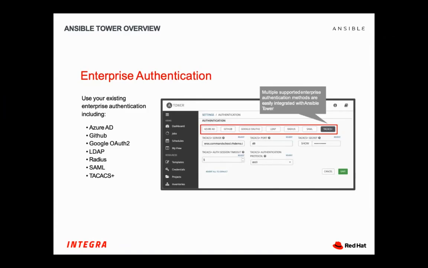This is all happening with the help of enterprise authentication integration, which means you have a set of users in your on-premise Active Directory or in your cloud, for example Azure AD, or you have GitHub users, or you can use OAuth or LDAP. All of these you can integrate with your Ansible Tower. So you can assign specific accesses to the same users and perform the fine-grained access control which I was explaining before.